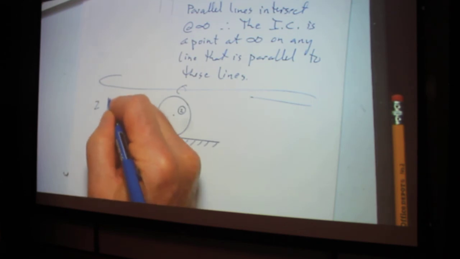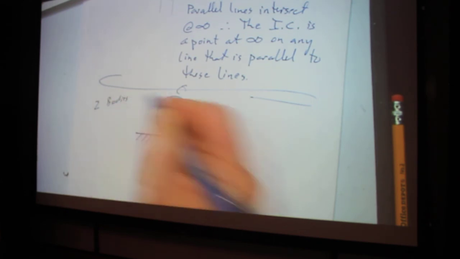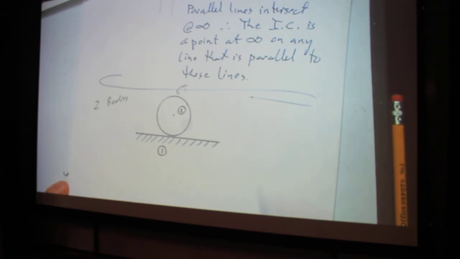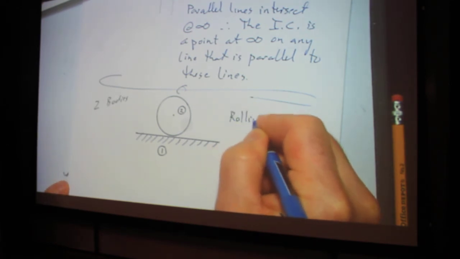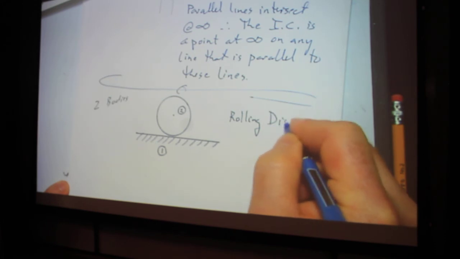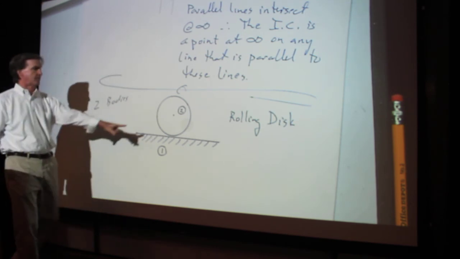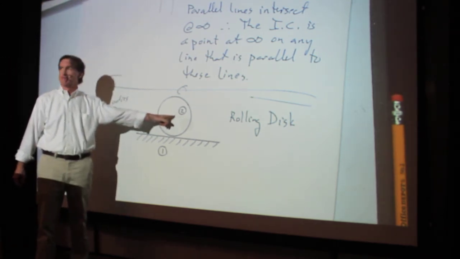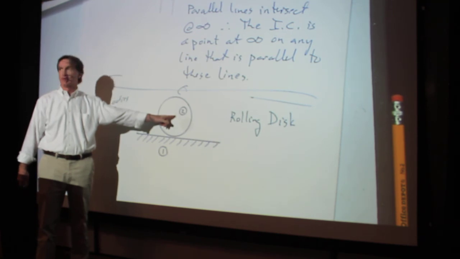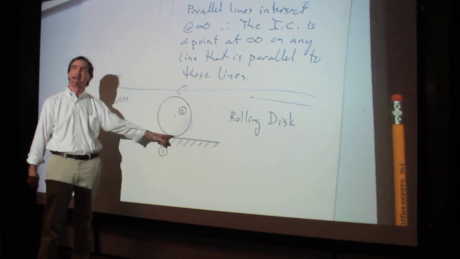And we have two bodies here, ground and the rolling disc. All right. So where do you think the instant center is on this one right here? Do you think it's here? Yeah. I would think so too, but it's not. It's right here at the point of contact, okay?